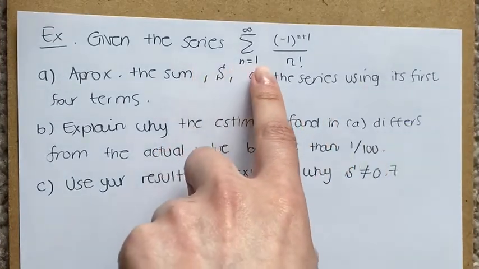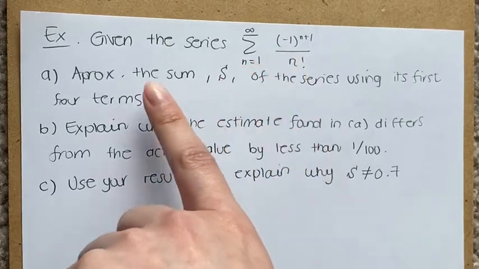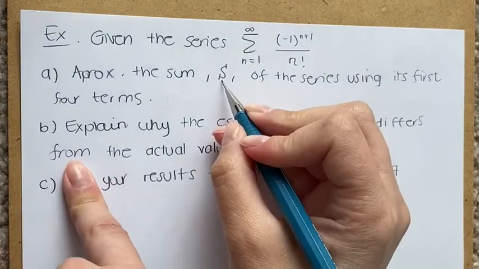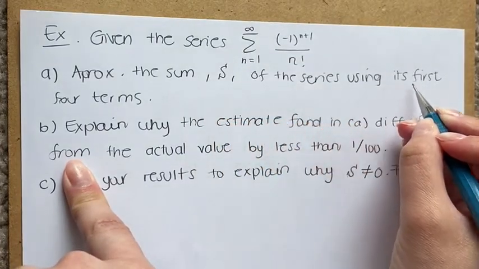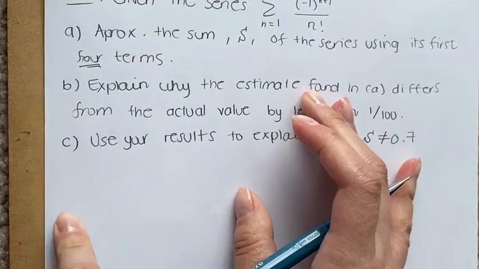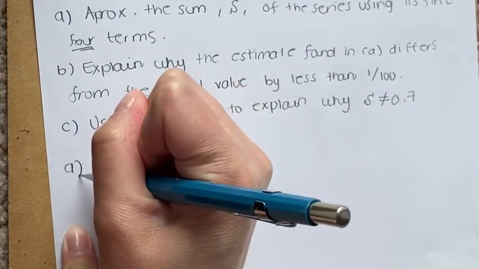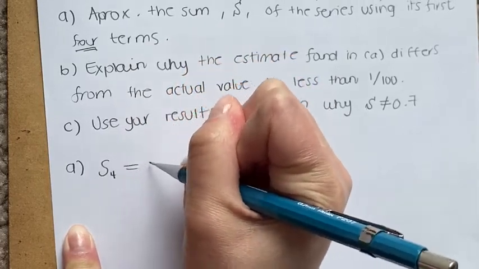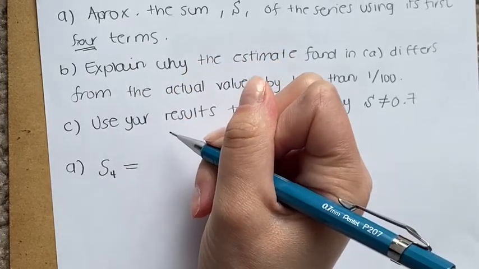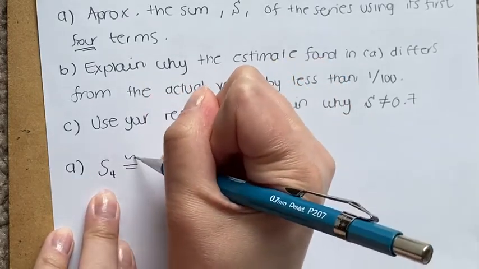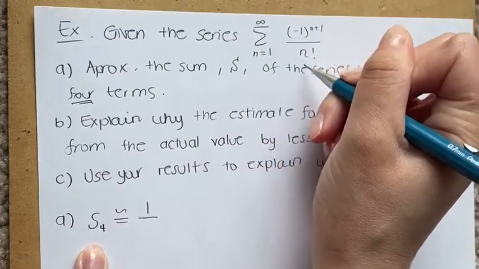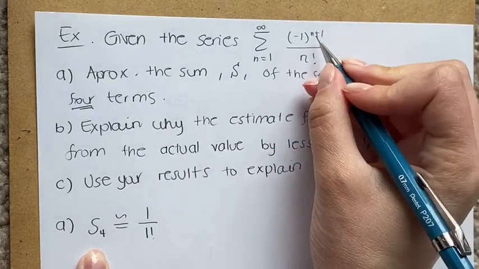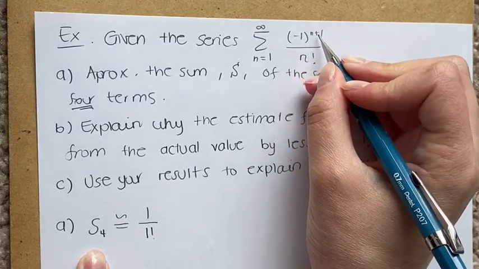So we have this series, which is an alternating series. First, we want to approximate the sum S of the series using the first 4 terms. So for part A, you want S sub 4. S sub 4 is equal to 1 divided by 1 factorial, and it's positive because negative 1 to the power of 2 is positive.